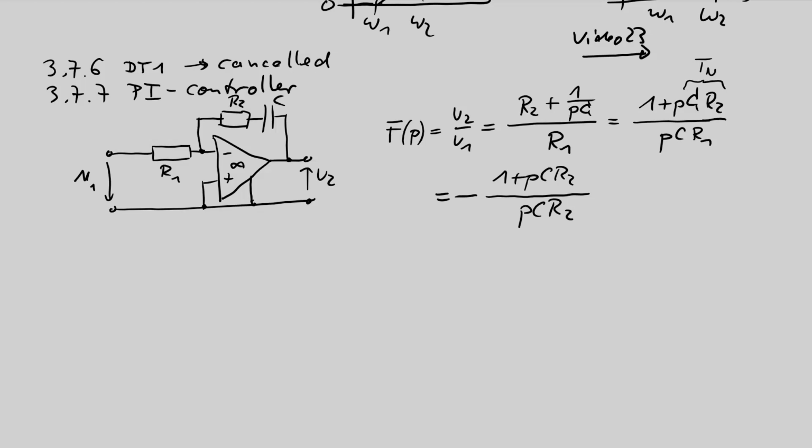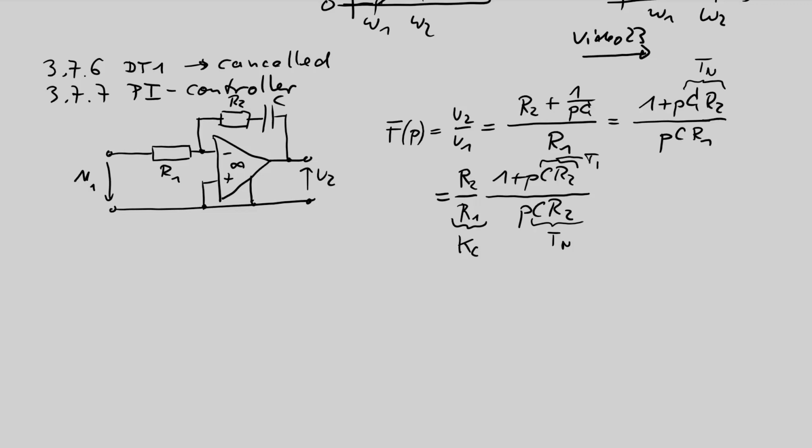If we want here to have pCR2, then we have to correct this by multiplying the numerator with R2, and the R1 is just extracted into the front. So we have here R2 over R1. This is a constant factor. We can call it K index C because this is what we can later call controller gain. And this here is now the same time constant that we can find in the numerator.